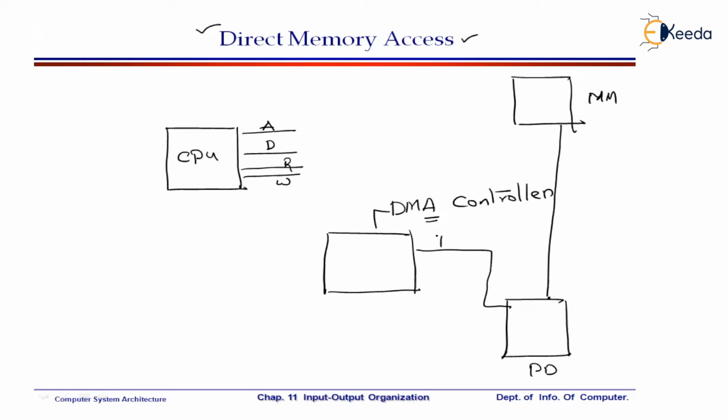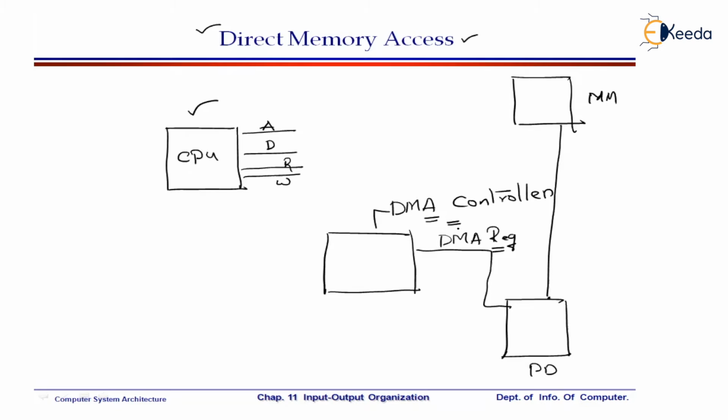This is called a DMA request. This DMA request is stating that, Mr. DMA controller, please take the permission of the CPU to use the bus system directly. That is, the peripheral device wants to use the bus system directly without the intervention of the CPU.